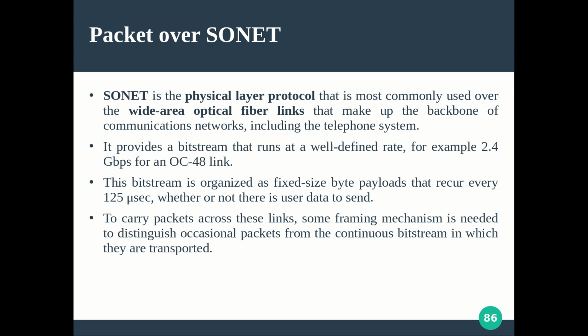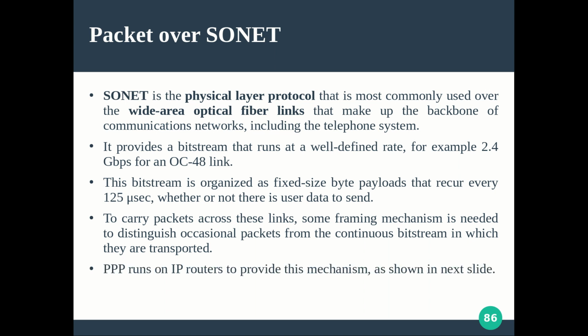Sometimes you don't have any data to send for a long time, and after some time you will be sending some occasional packets. So in both cases some kind of framing differentiation is needed, and that is provided by the point-to-point protocol if you are using it as a data link layer protocol for the network where SONET is being used in the physical layer.